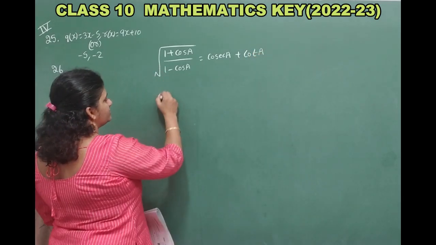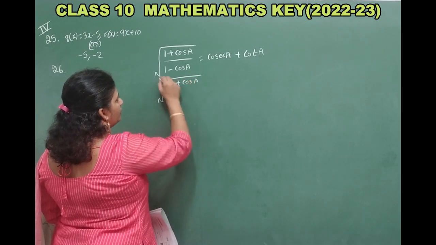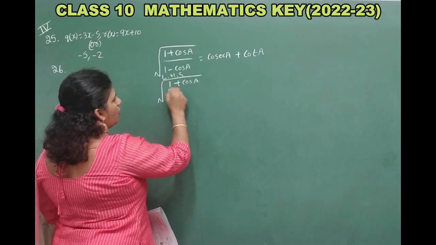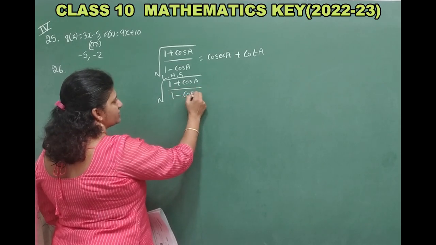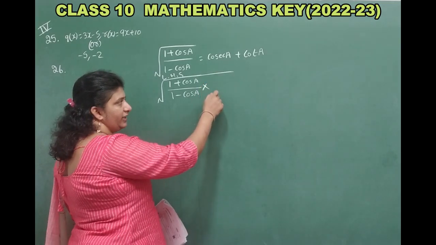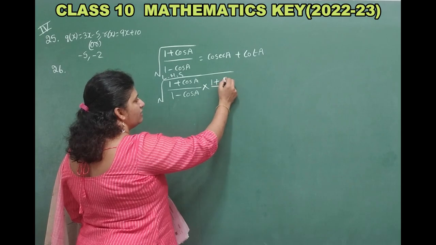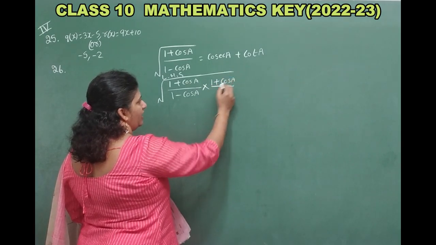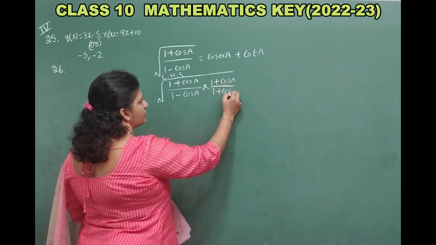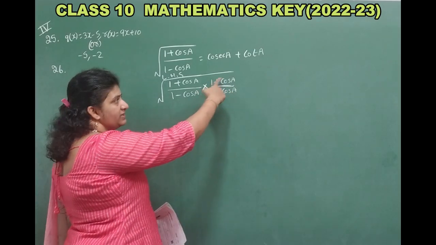Consider LHS: 1 plus cos A by 1 minus cos A. For this, multiply numerator and denominator by the conjugate of the denominator, that is 1 plus cos A. The conjugate of 1 minus cos A is 1 plus cos A.